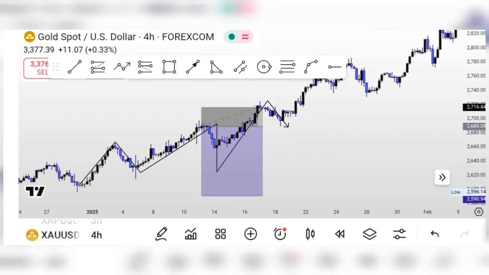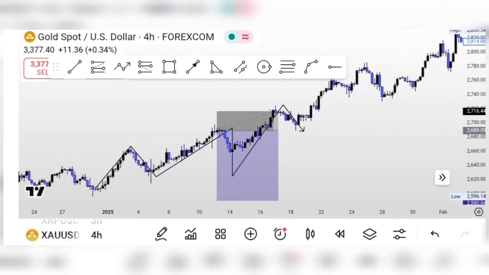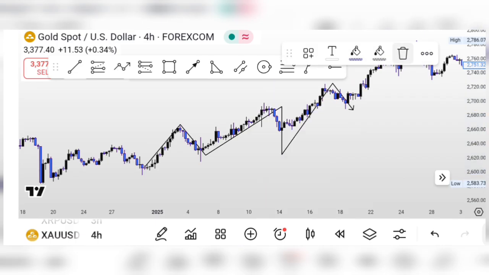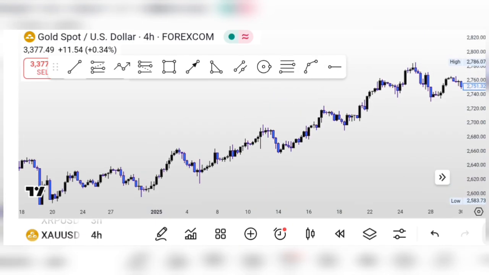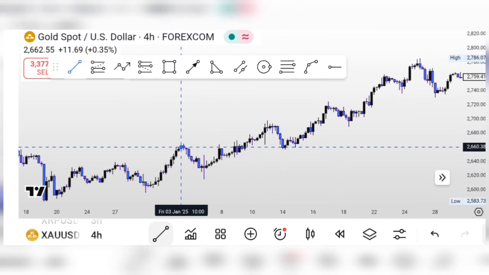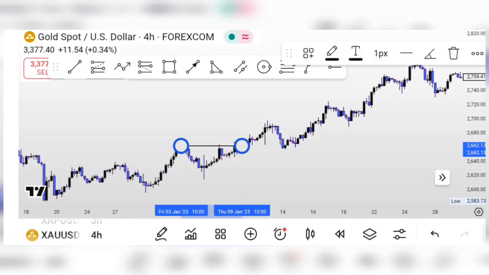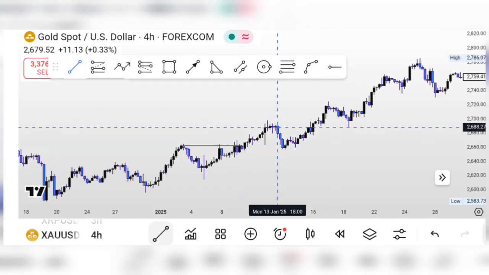So a second mistake traders make is ignoring breaks of structure. That is very important. For example, here in the market, as you can see now, there is a break of structure here. Okay, there is a break of structure here, there is a break of structure here too.